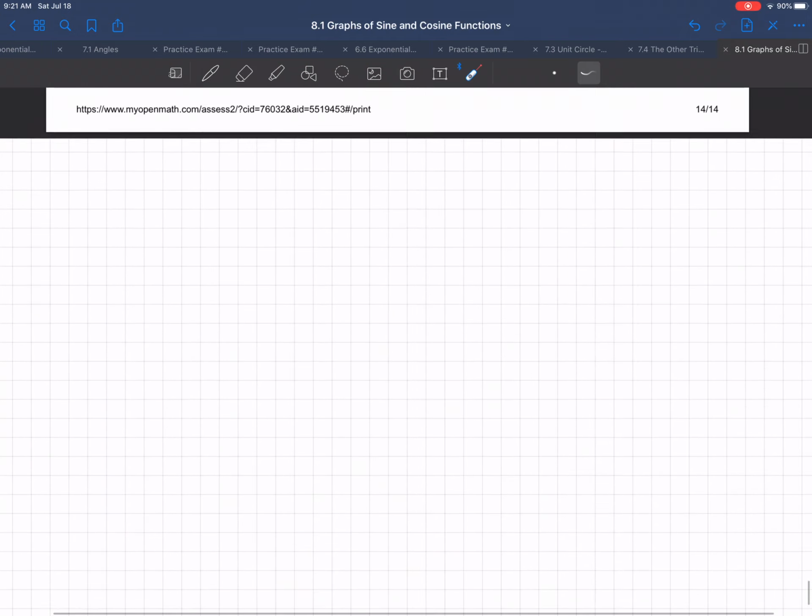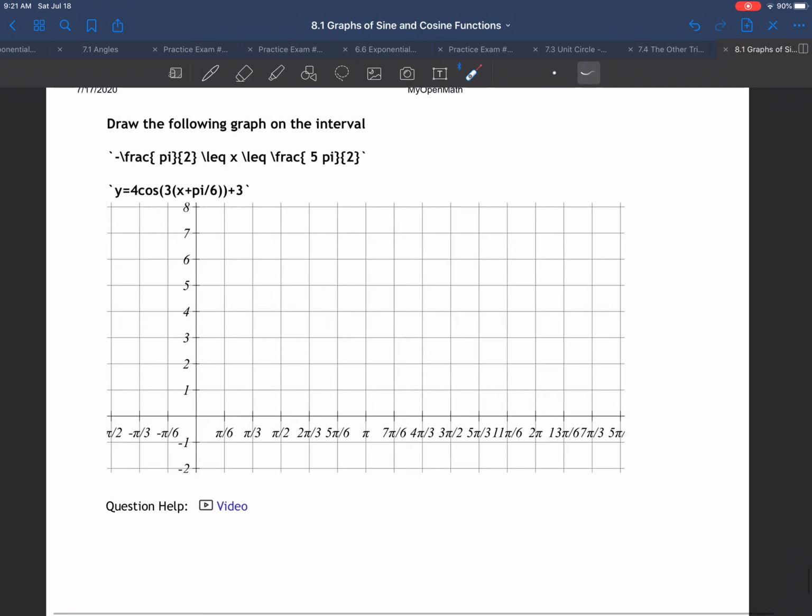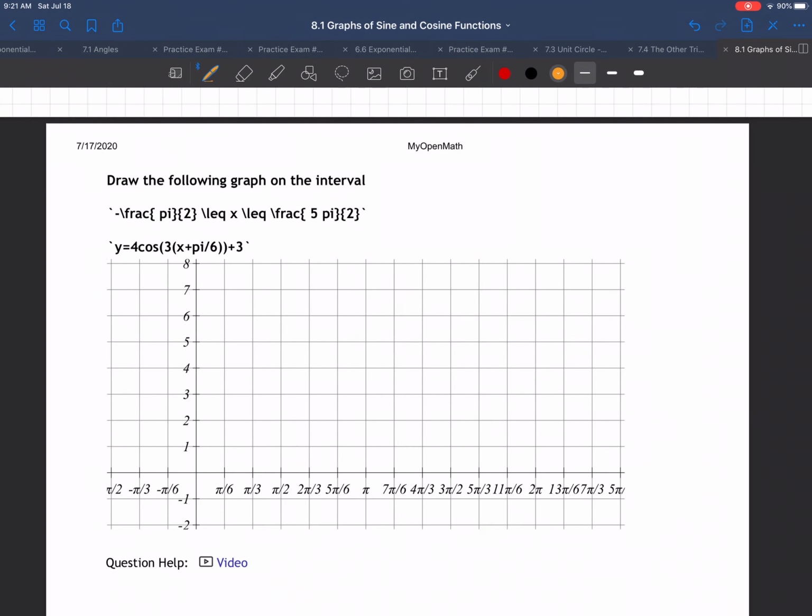So let's do that. Let's come up here and we will take this 3 and distribute like that. So we'll get y equals 4 cosine 3x, 3 times pi over 6, plus 3.